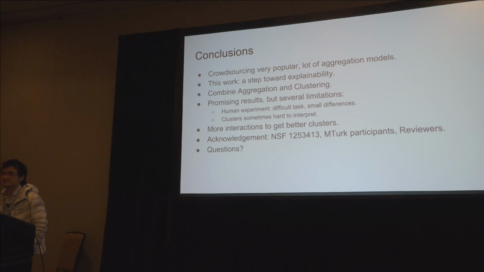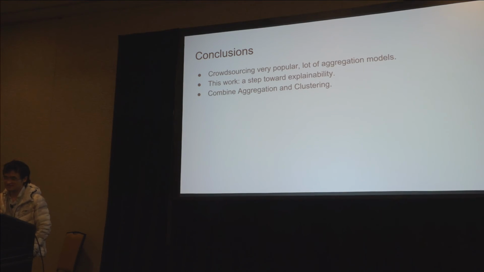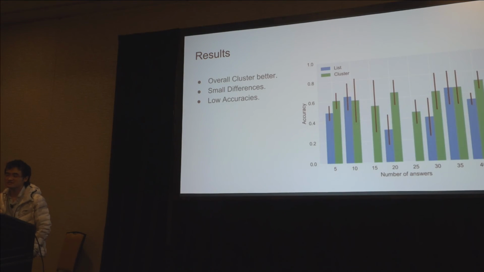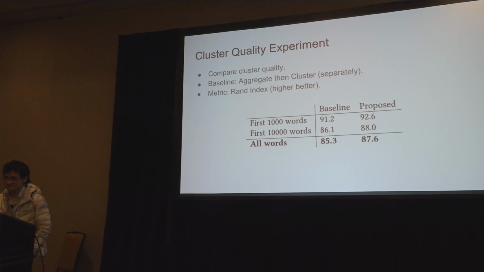Okay, I just have a quick question. Looking at your results earlier, you had some like 1,000 words and 10,000 words, and you've shown some improvement, but then if you're using all the words, there is some kind of a decline. Yes, these are for different amounts of data, so they are not very comparable.